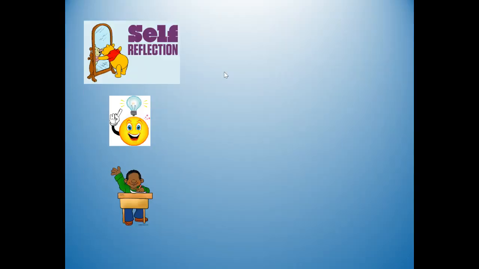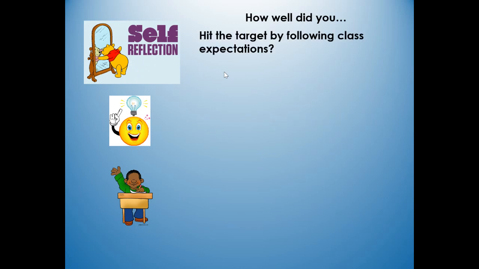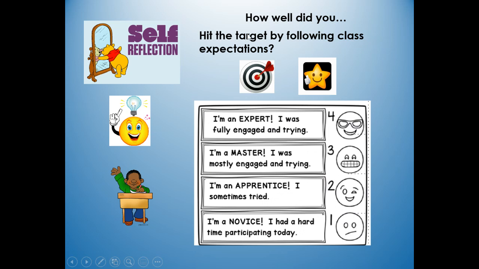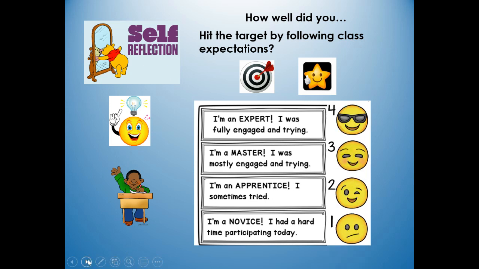Now next, I want you to reflect on how well did you hit the target by following class expectations, meaning how did you participate? Were you on task? Were you doing your work? So you can give yourself another grade for your participation. Would you give yourself a 4? A 4 would mean I'm an expert.